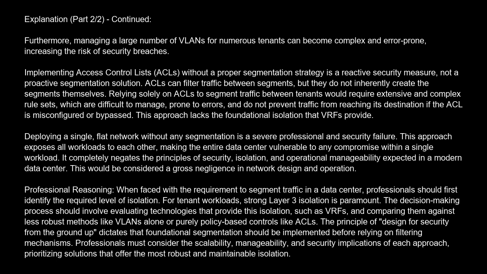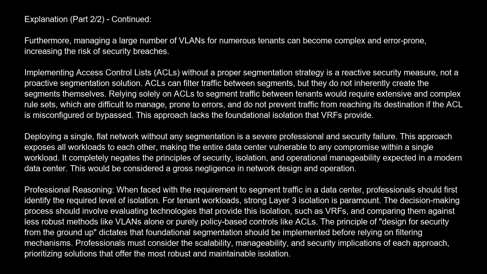Professional reasoning. When faced with the requirement to segment traffic in a data center, professionals should first identify the required level of isolation. For tenant workloads, strong Layer 3 isolation is paramount. The decision-making process should involve evaluating technologies that provide this isolation, such as VRFs, and comparing them against less robust methods like VLANs alone or purely policy-based controls like ACLs.